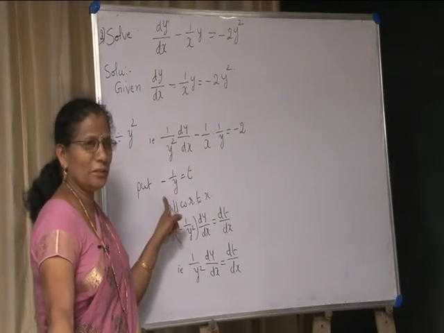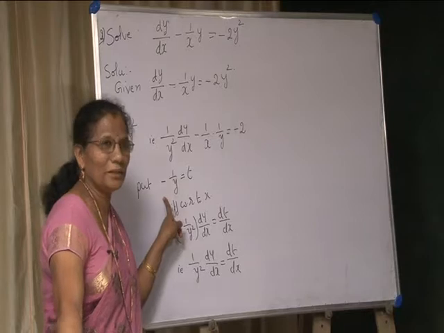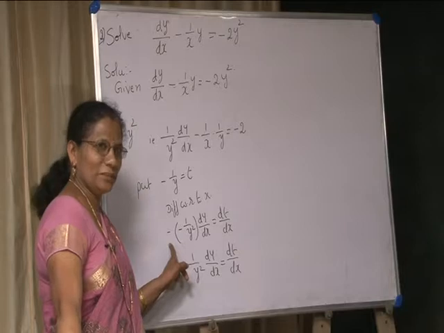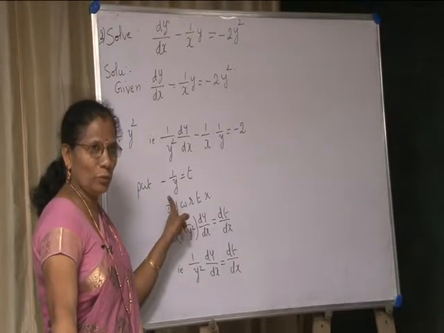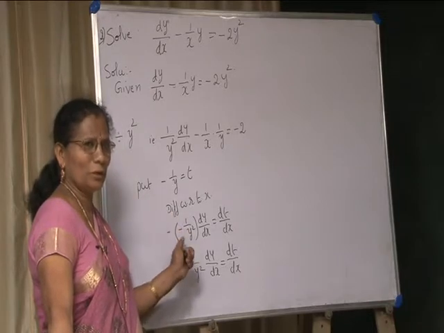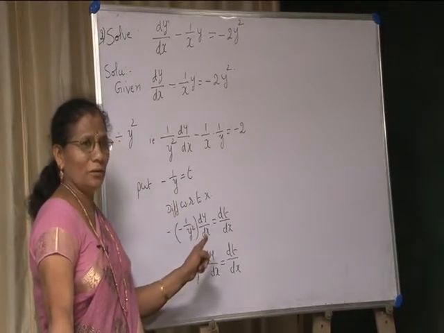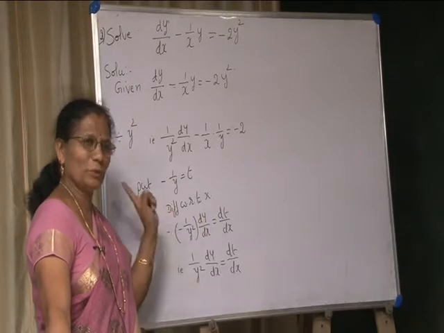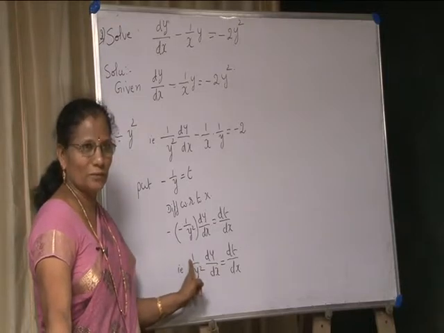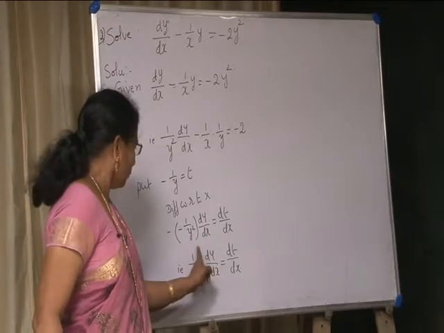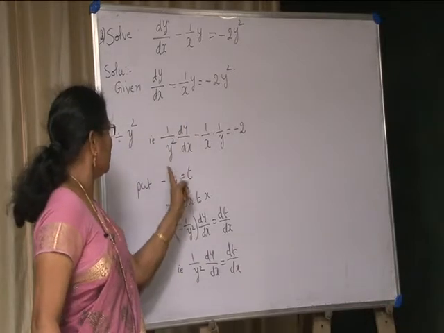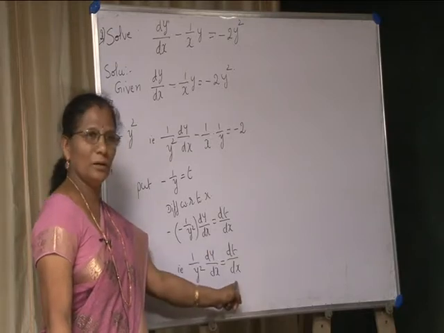So this is minus y to the power of 1. This can be written as minus y to the power of minus 1. Minus is there, minus the derivative of y to the power of minus 1. Minus 1 into y to the power of minus 1 minus 1, that is y to the power of minus 2, so 1 over y squared, into dy by dx. So 1 over y squared dy by dx is equal to dt by dx. In this place we can substitute dt by dx.